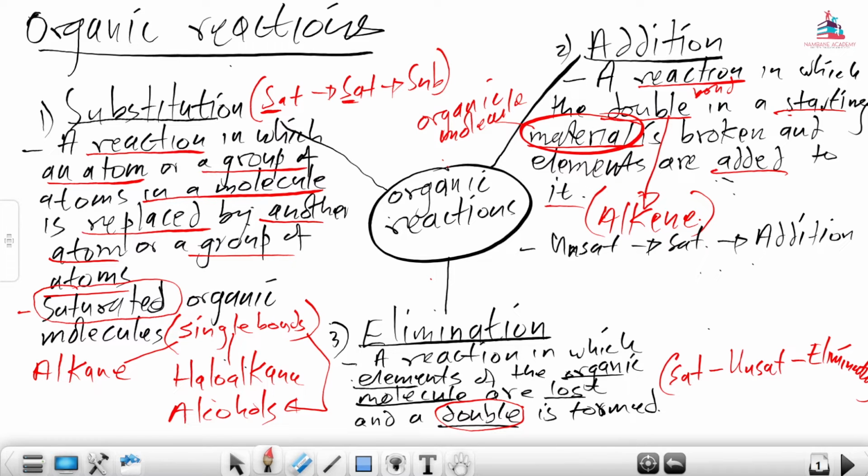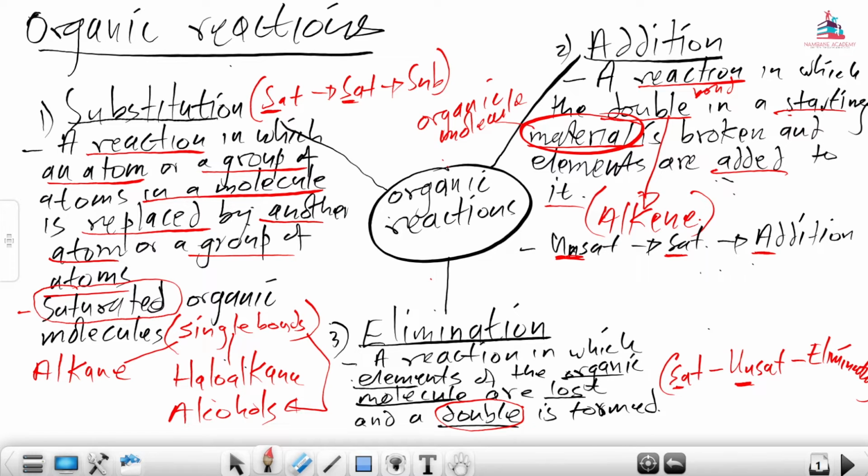Now for an addition reaction, we must start with unsaturated, that is a double bond, moving to a single bond. The chances are that reaction must be an addition reaction. If we start from saturated and move to an unsaturated organic molecule, that reaction must be elimination.